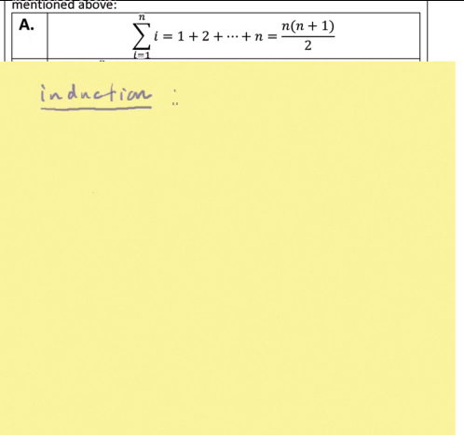And here's what induction involves. You want to show the formula is true for n equals 1, or for n equals whatever the starting value is. In this case, this formula starts off at n equals 1. So we want to show it's true for n equals 1, and that's going to be very easy.